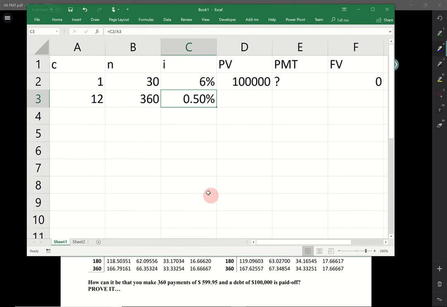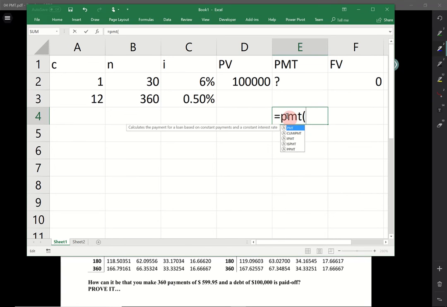Okay, 0.5%. Then you do equals PMT, and you refer to this rate, which is 0.5%. You refer to the present value. I want the number to be positive, so I'll make that negative.